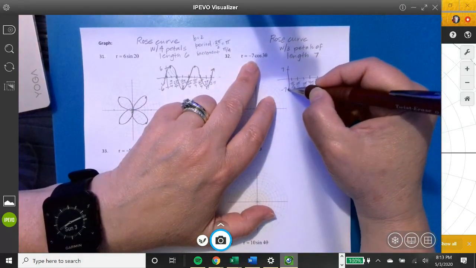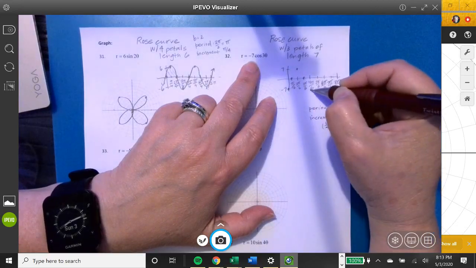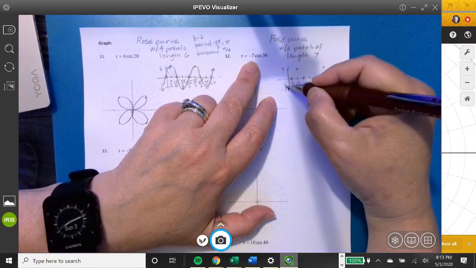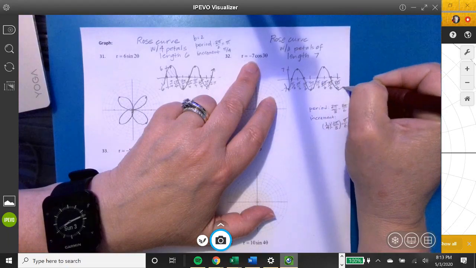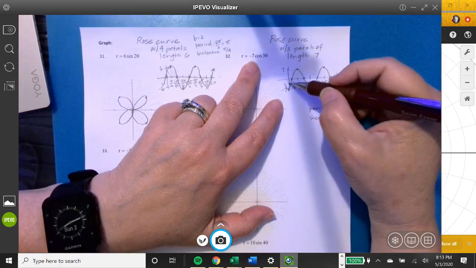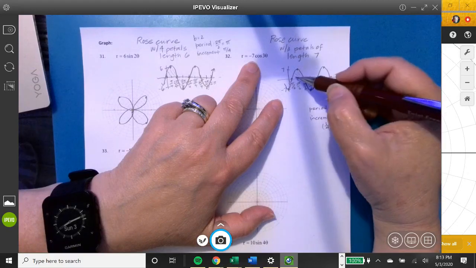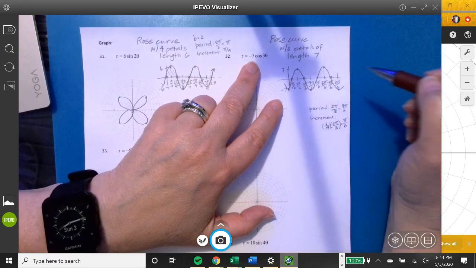So I'm going to start down in amplitude, back to the midline, up in amplitude, back to the midline, down, back to the midline, up, back to the midline, down. Now, I may not need all of this curve, but I'm just drawing it anyway. Because how many petals do I have? Well, I have a half a petal, full petal, full petal. So 1, 2, so I only need to go to pi here to get 3 petals, okay?